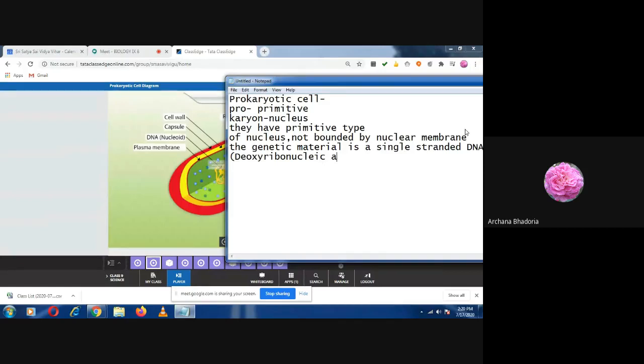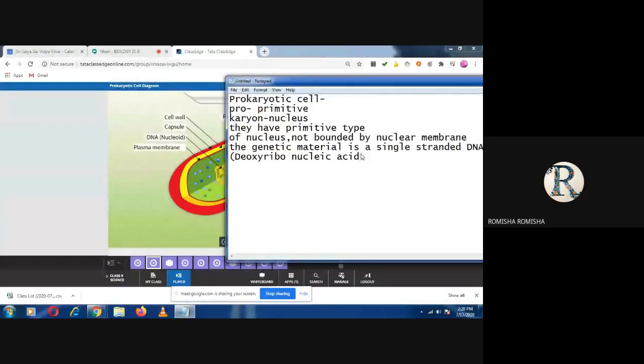So what is the full form of DNA? Deoxyribonucleic acid. D is for deoxyribo and N for nucleic acid. So DNA. Everyone will remember this.